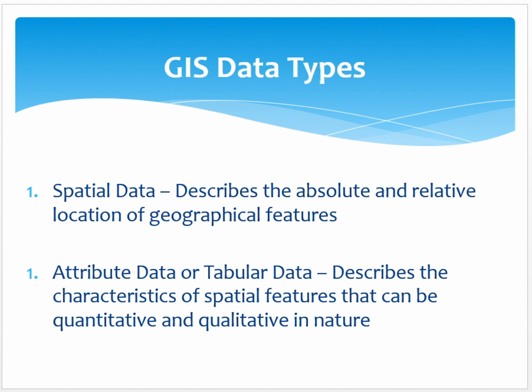So it's attribute data that you are giving, the characteristics of a feature you've found about a geographical area. So those are the two data types: spatial data and tabular data or attribute data.